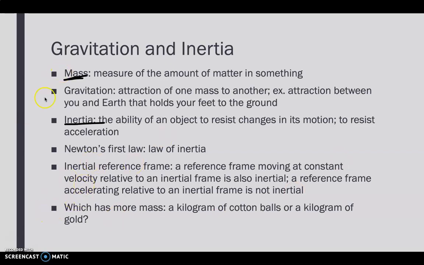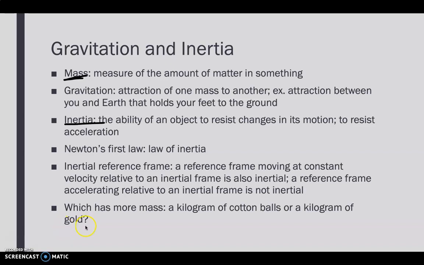Going back to the idea of mass: which one has more mass, a kilogram of cotton balls or a kilogram of gold? You might be thinking in your head, well, one is denser than the other.